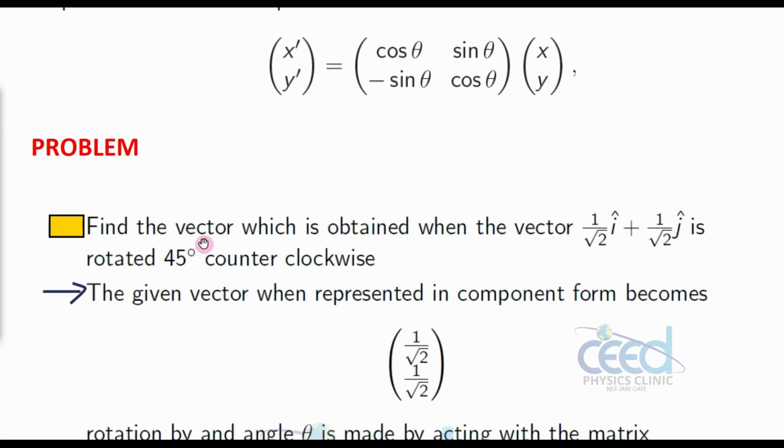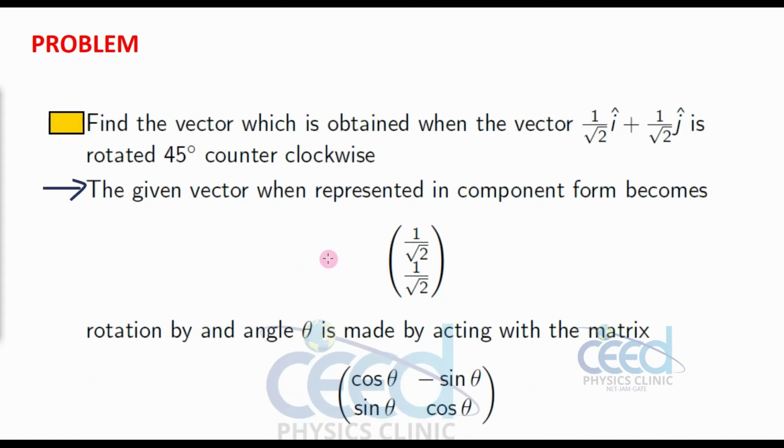See, find the vector which is obtained when the vector 1 by root 2 i cap plus 1 by root 2 j cap is rotated 45 degree in counterclockwise. Okay, counterclockwise direction. Counterclockwise means this is in the anti-clockwise.